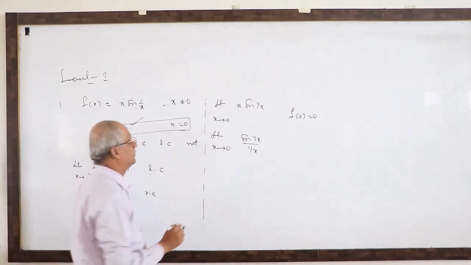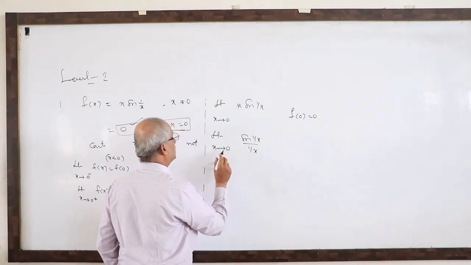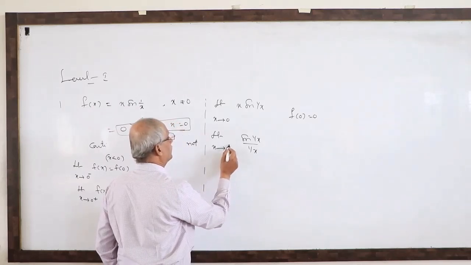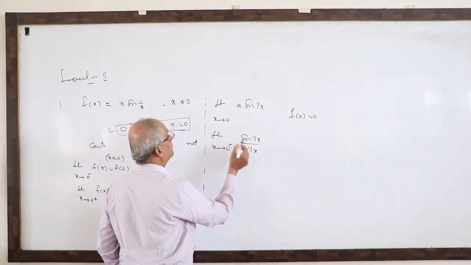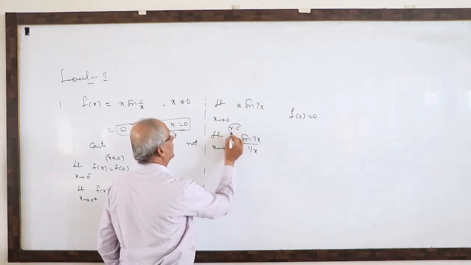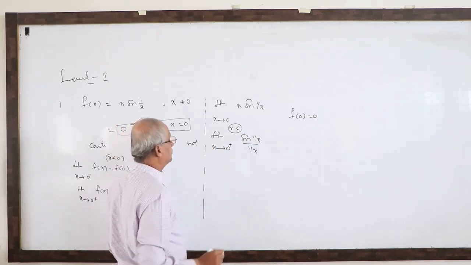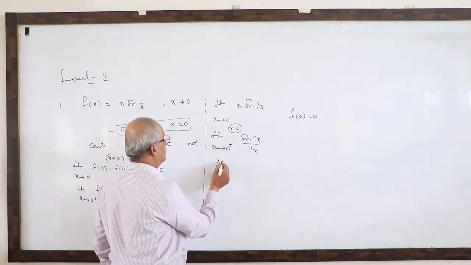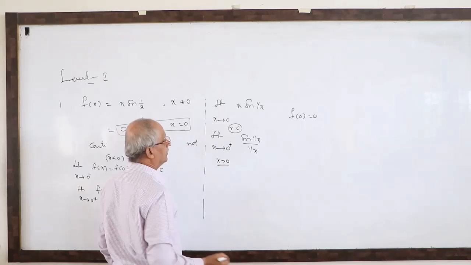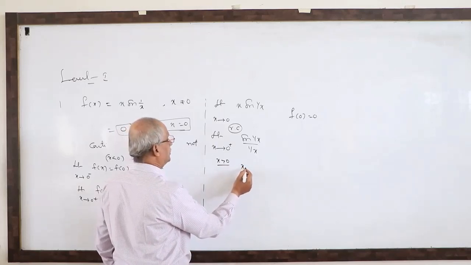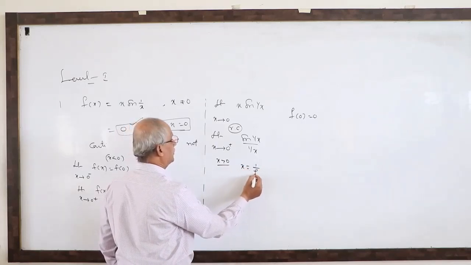Okay? See, now we will start with 0 plus, right side. We are doing right hand continuity. 0 plus means x is positive. Substitute x is 1 by h.